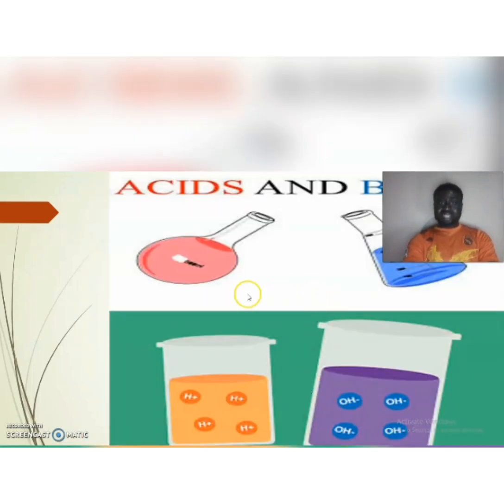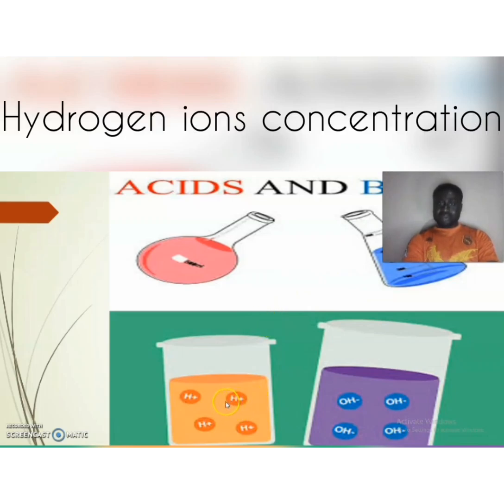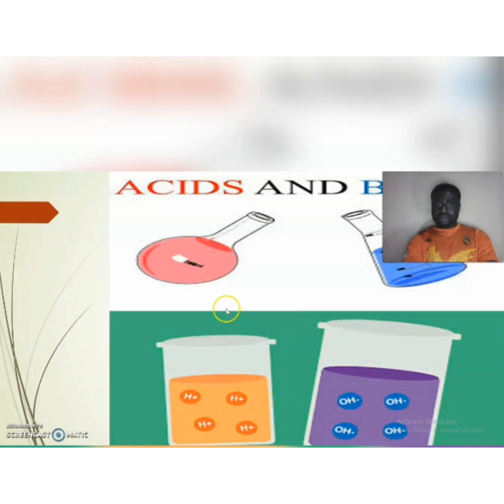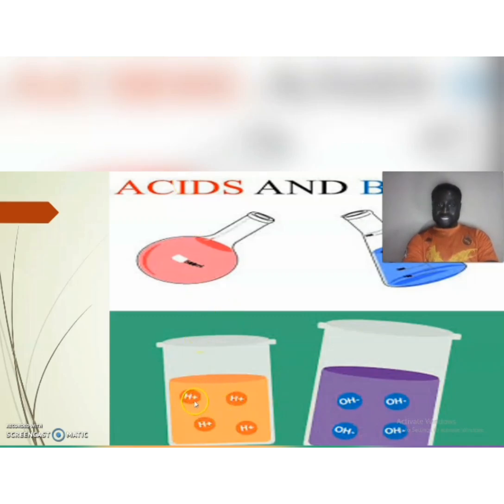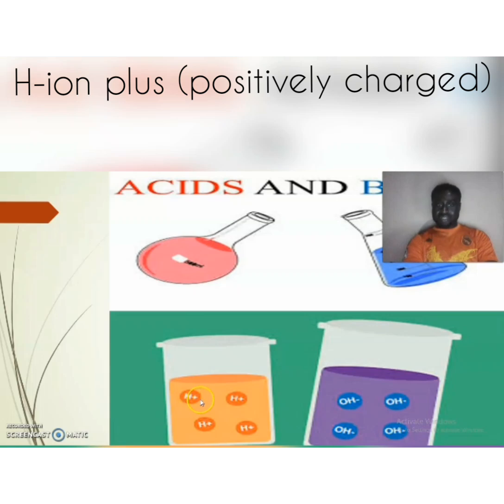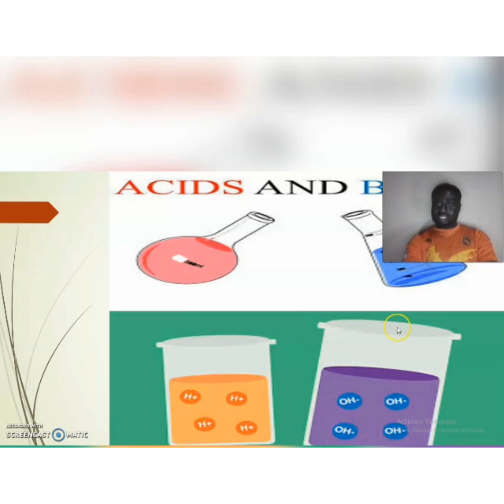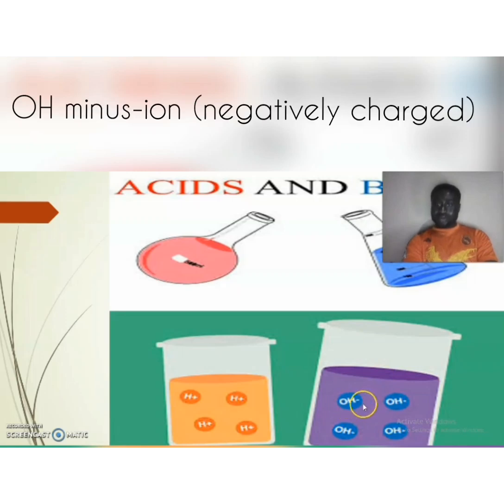So basically, acids and bases are substances that contain what we call the hydrogen ion and the hydroxyl ion. So acids are characterized by the presence of hydrogen ion, which we tag H+. It is called hydrogen ion, while bases are characterized by the presence of hydroxyl ion, that is OH-.